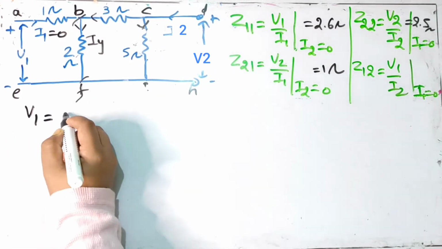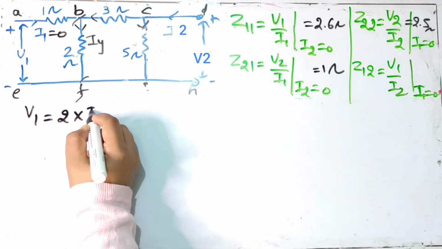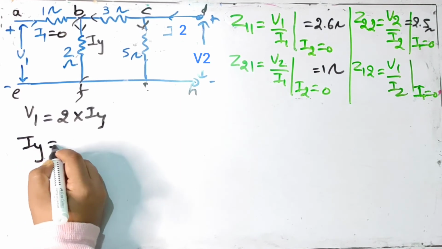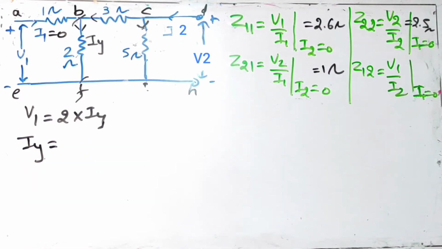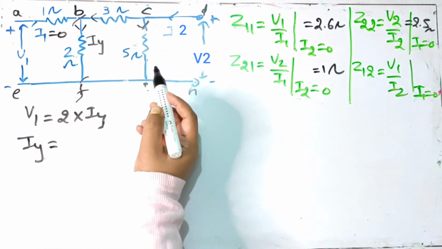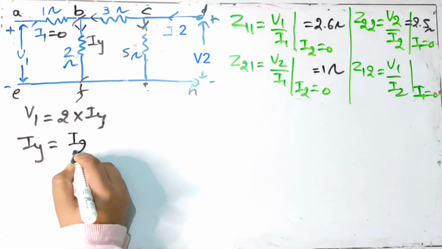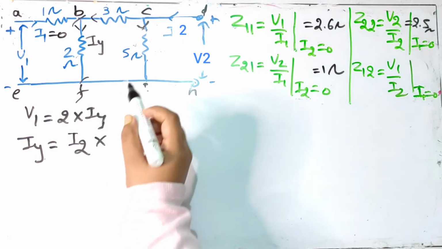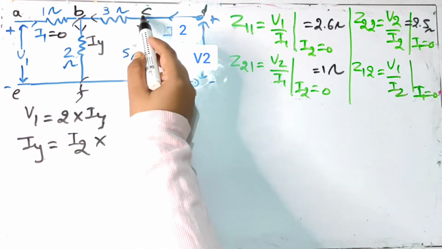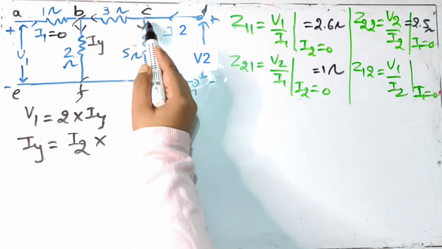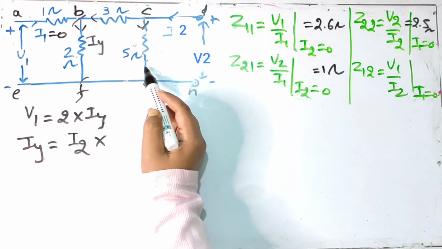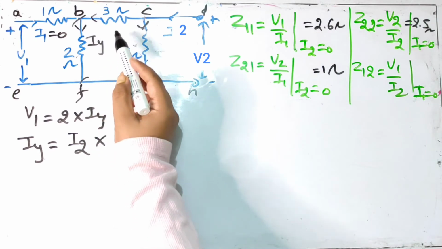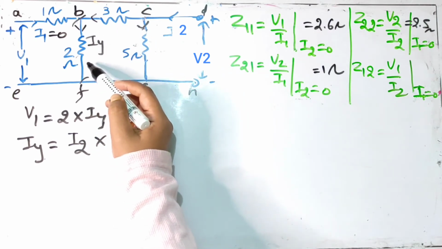V1 is equal to 2 into IY. Similar calculation, we are going to find the value of IY with the help of current division rule. So what current is being divided here? That is I2, which means total current multiplied by, now let's see, the current is being divided at this point, C. Okay, one part is going through 5 ohm resistor, another part is going through CBF, which means 3 ohm and 2 ohm are in series.